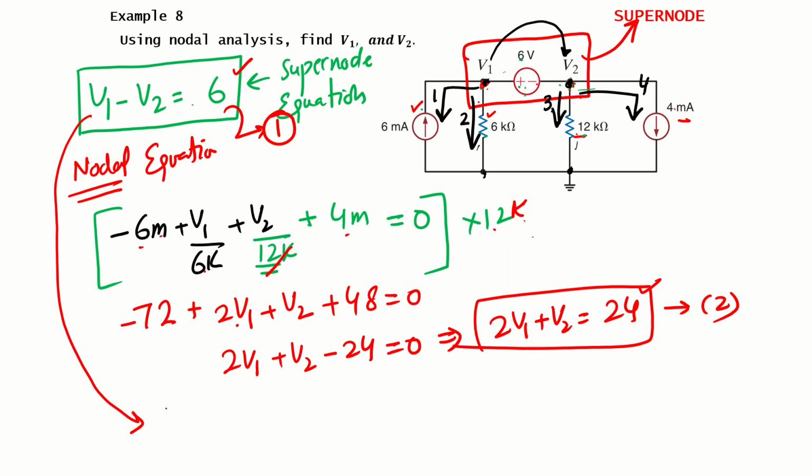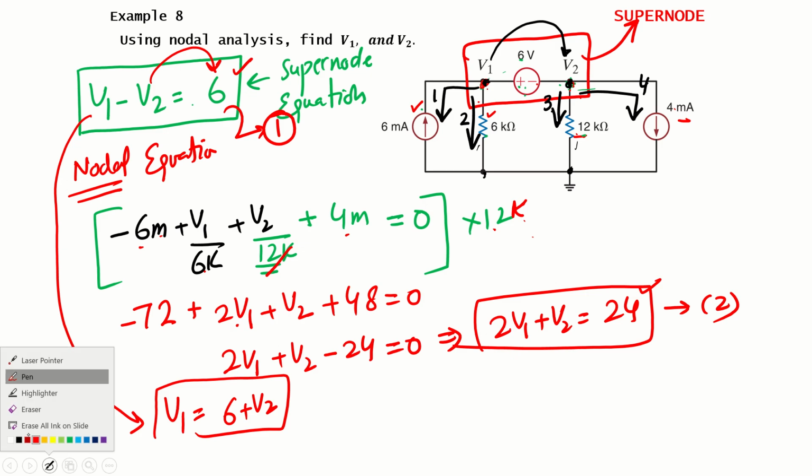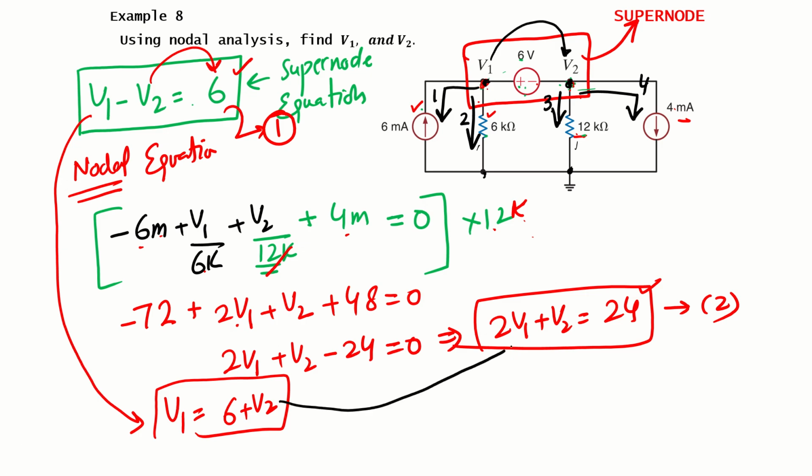I can say that V1, using this equation, is basically 6 plus V2, if we take V2 to the other side. Let's put that in the second equation here. You can use a calculator, Gaussian elimination, whatever technique, to solve these two simultaneous equations. So 2 times V1, which is 6 plus V2, plus V2. But if you have two equations, it's very easy to simply use substitution.